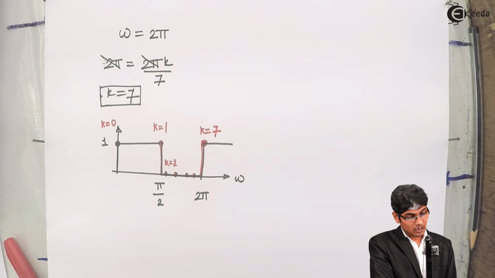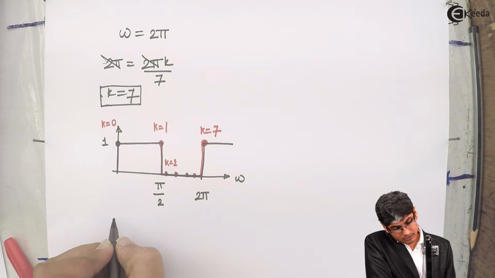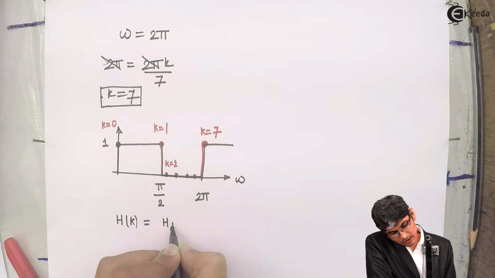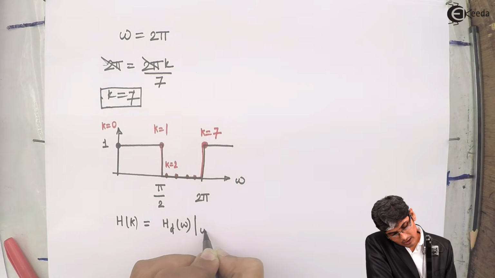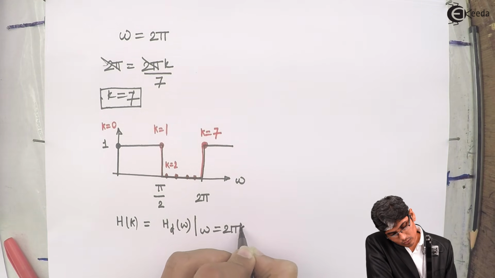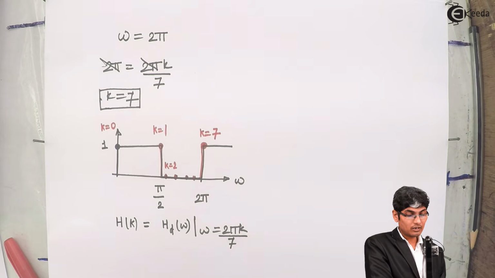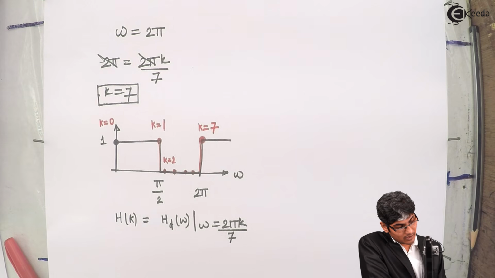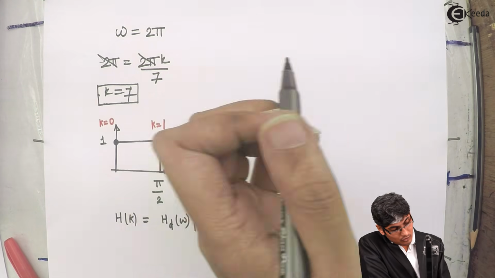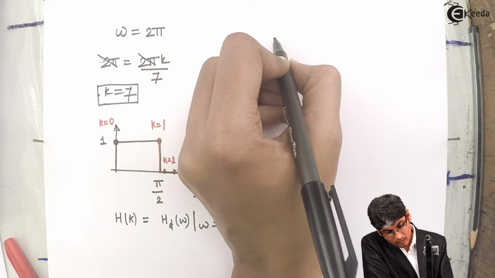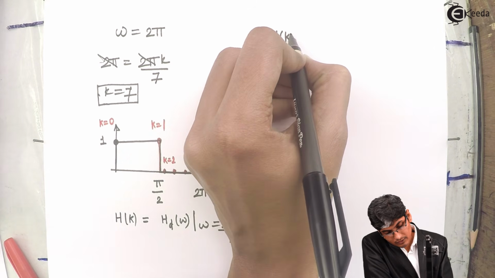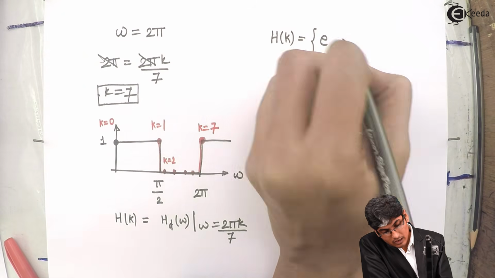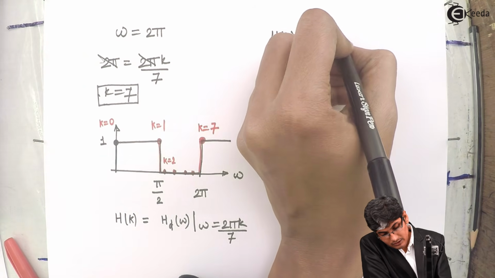So let us write our h of k, because we know that h of k is equal to hd of e raised to j omega at omega equal to 2 pi k by 7. So with these values, let us write our h of k. I will get the values as e raised to minus j.